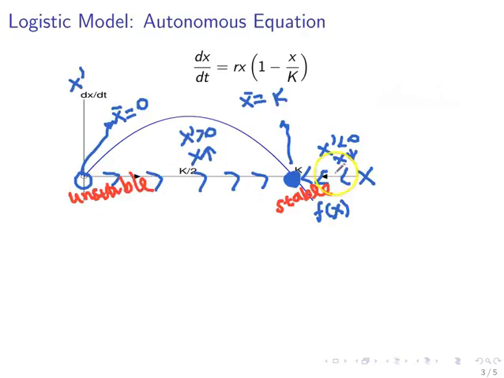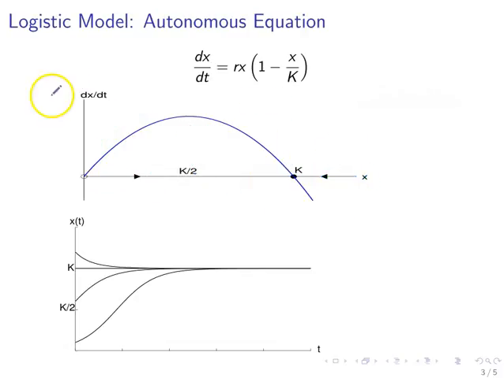So there are two equilibrium points, and remember, we could take the information from the horizontal axis with the arrows and bring that horizontal axis as the vertical axis here, where we have x of t versus t.